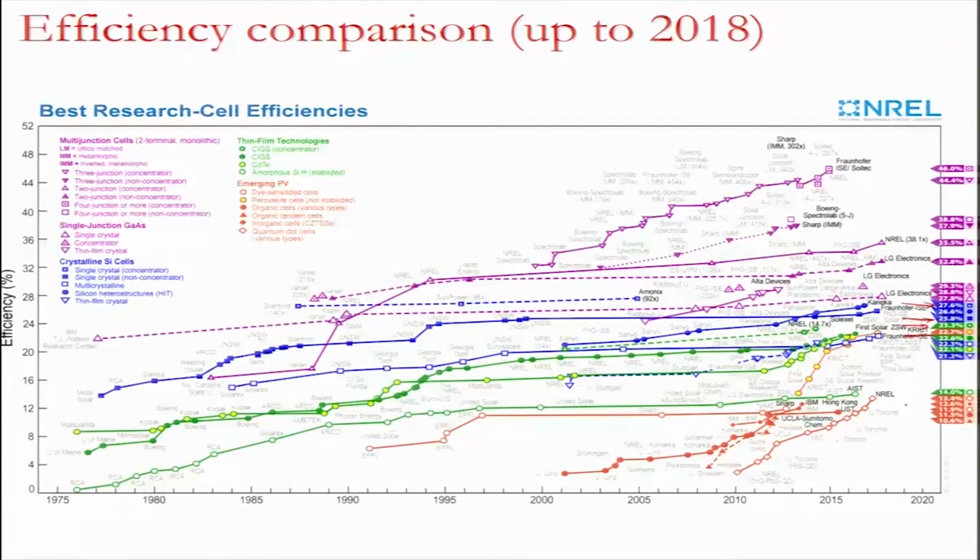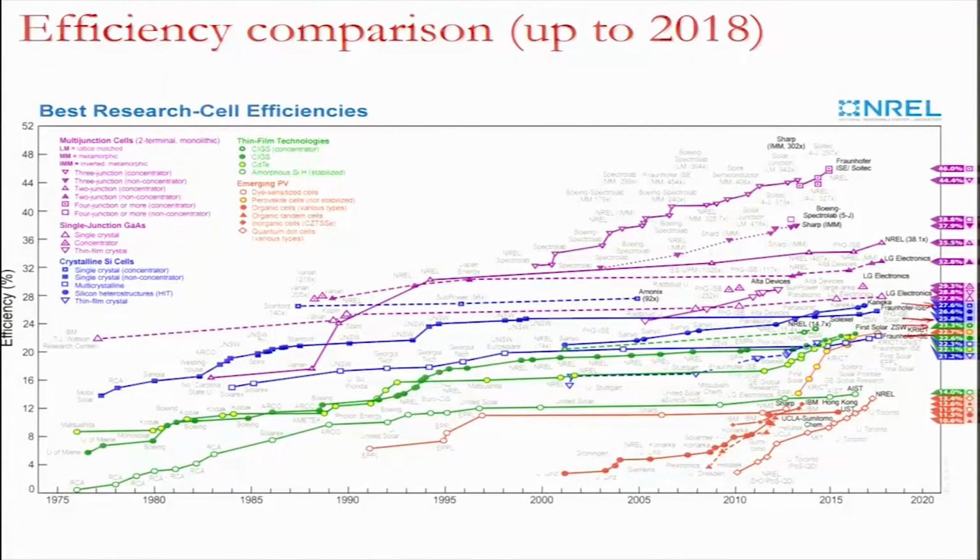Then we have inorganic CZTSe, which is copper zinc tin selenide, which is again a new PV technology, about 12.6%, a very promising one. Then we have organics in the red dots, which is at 11.5. Right now it's about 13-14%, the world record. So there are various technologies, and you can see on top of the chart we have these multi-junction technologies, which include more than one material.